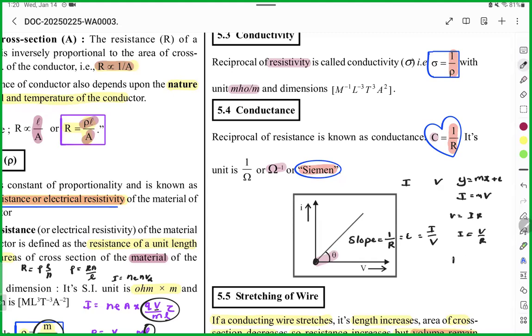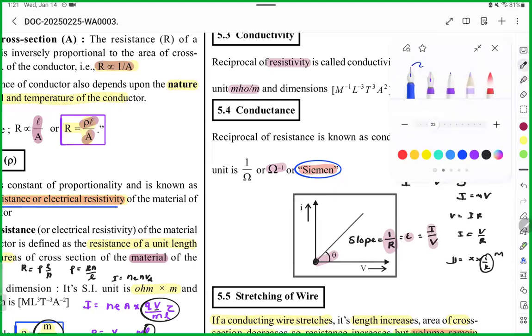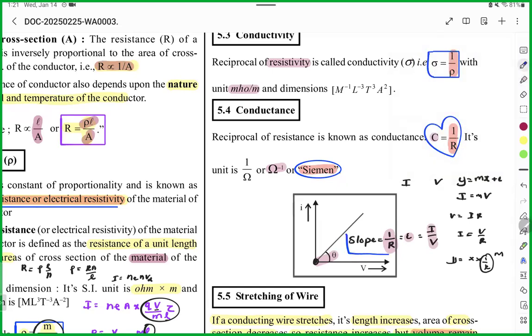Can we also say I is like Y, V is like X, and 1 by R will be equal to M? Yes or no? So 1 by R or C. What is C? Conductance, or I by V. This reading of graphs is extremely important in your whole physics. Reading graph.